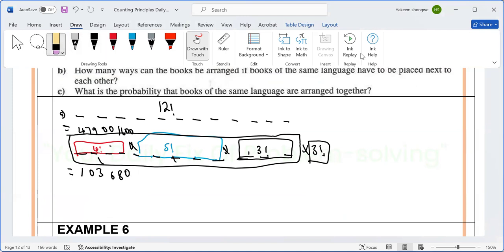Now, what is the probability that books of the same language are arranged together? Probability, guys, is simple. It's how many ways can we have books of the same kind sitting together, all over the sample space, which is 12 factorial. So the probability of same language, same L, is 103,680 all over 12 factorial.